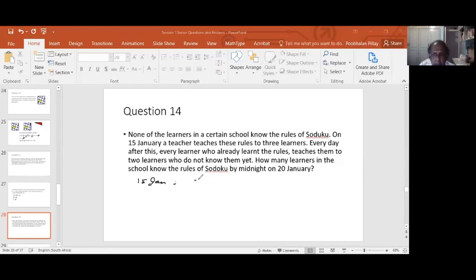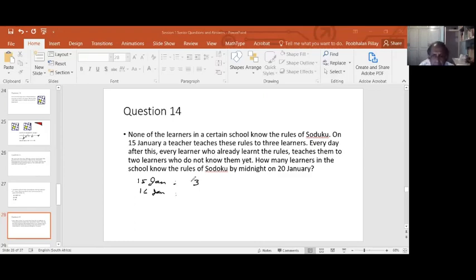So 3 learners now know Sudoku. Right. Now, every day after this, in other words, on the 16th of January, for example, every learner who has already learned the rules teaches them to 2 learners who did not know them yet.